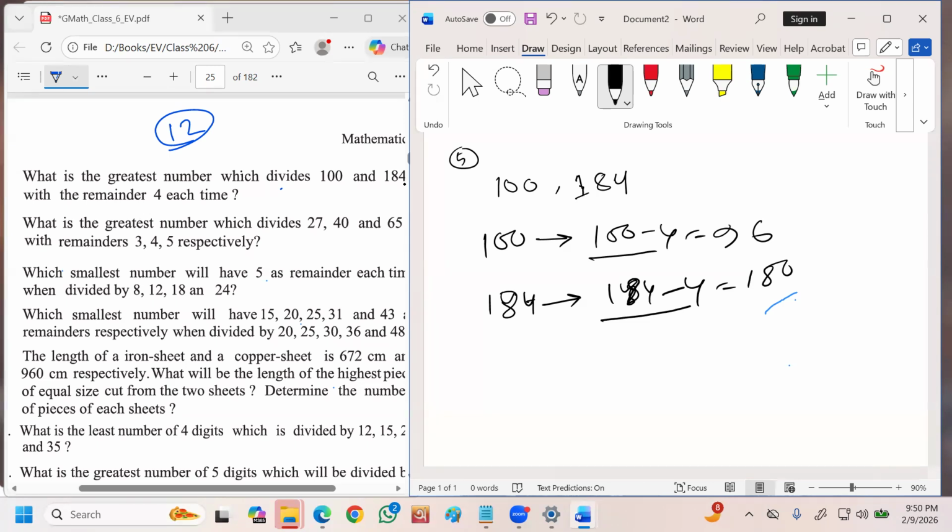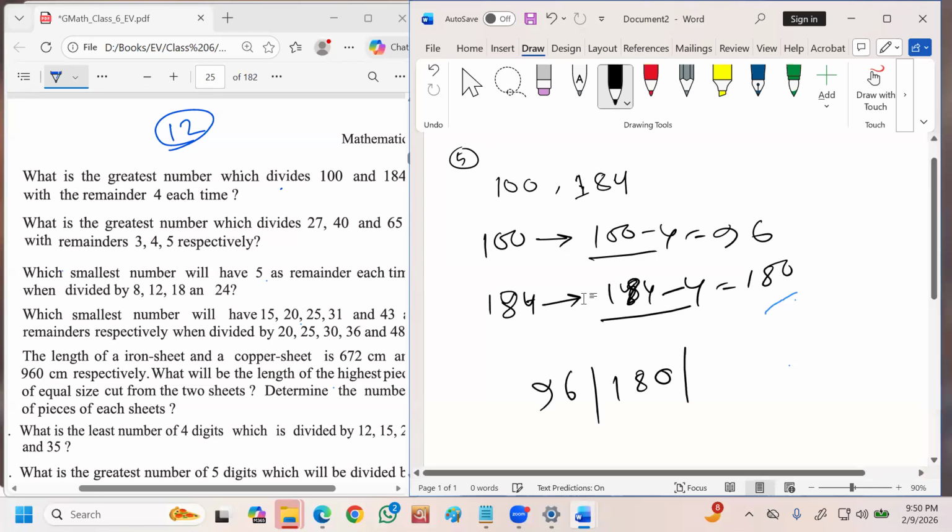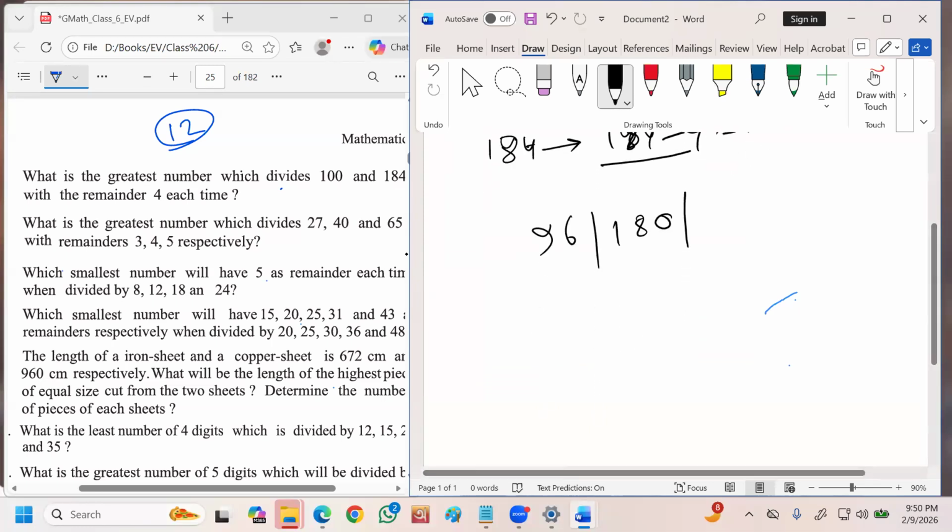Now we can calculate the GCD using the division method, where the divisor is 96 and the dividend is 180, right? We follow the traditional method of GCD. 96 can divide 180 one time, and we cannot divide it more.